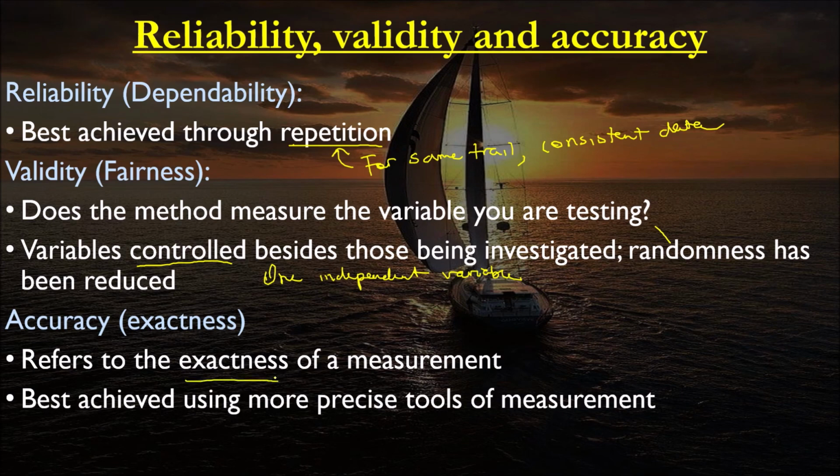How close were you to the exact answer? To improve accuracy, use more exact measurements. So perhaps if you use a meter ruler, you would want something that goes into millimeters, or measuring in millimeters, or maybe even micrometers. So that's how you would improve accuracy in that scenario.